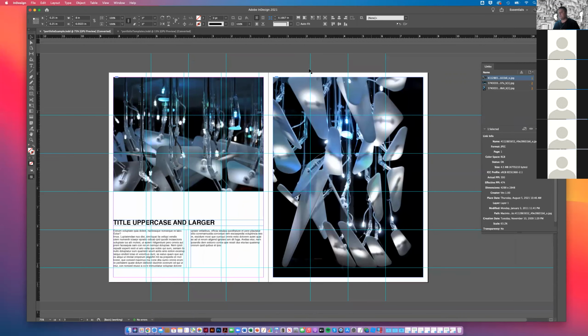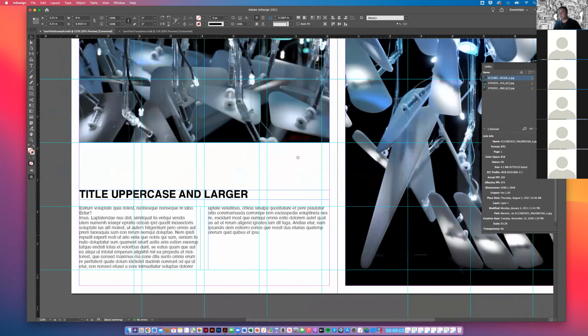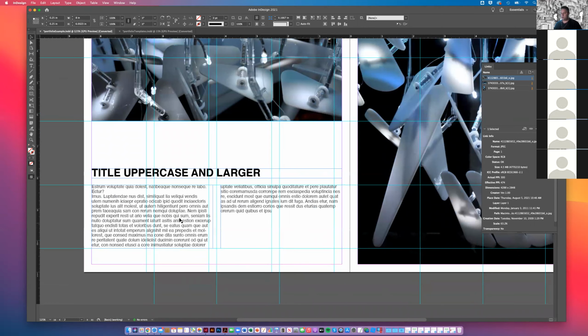But suffice to say, let's say, just using an example image here, I have a grid, right? And let's say I have a full page image versus a header image with a title and some explanatory text or something like that. This is what I call InDesign Latin. It's placeholder text that you can actually import in here.